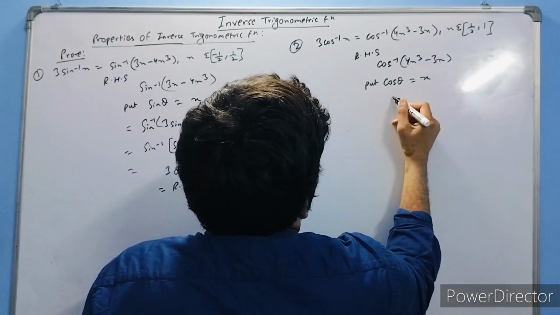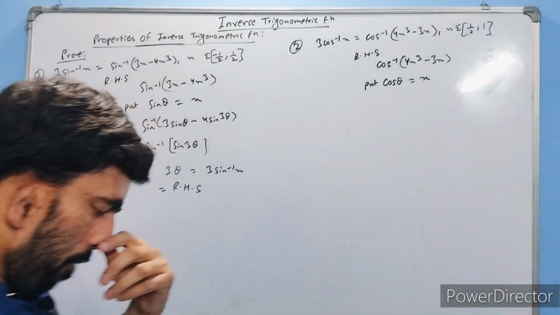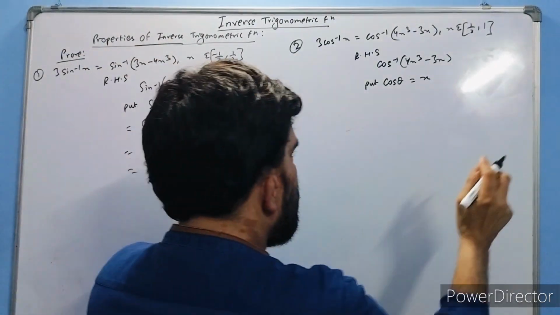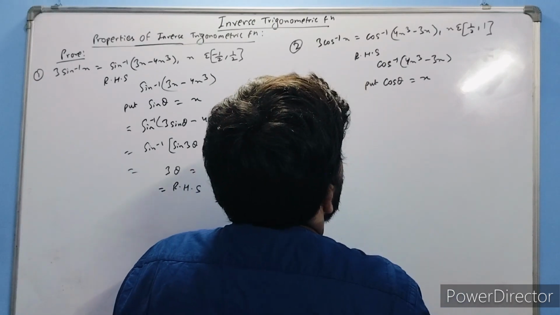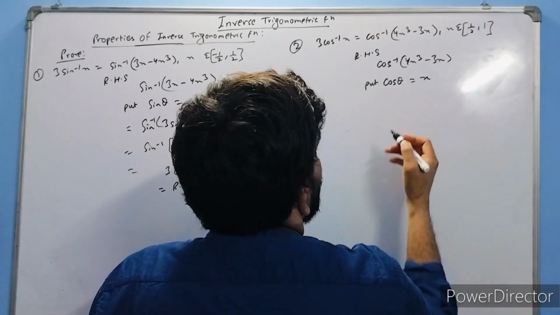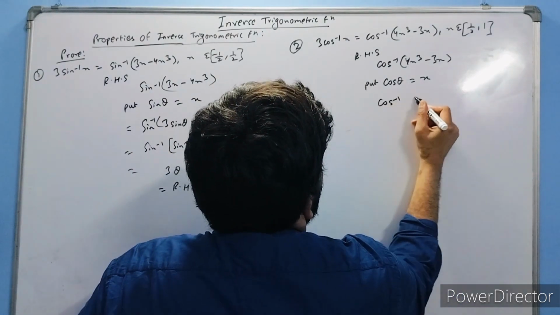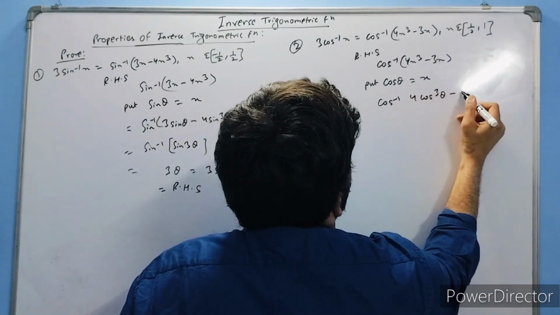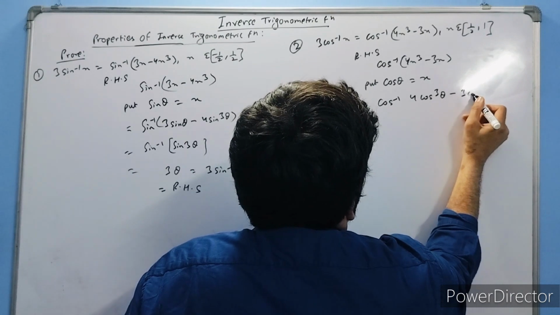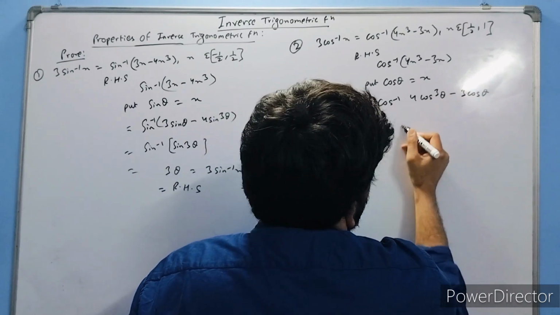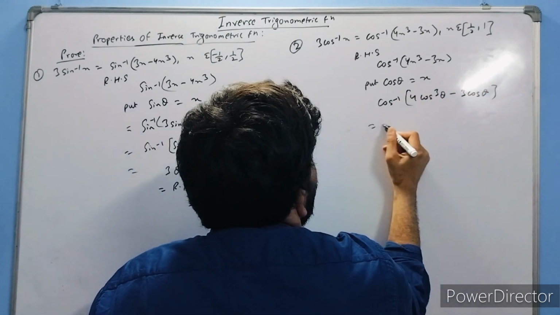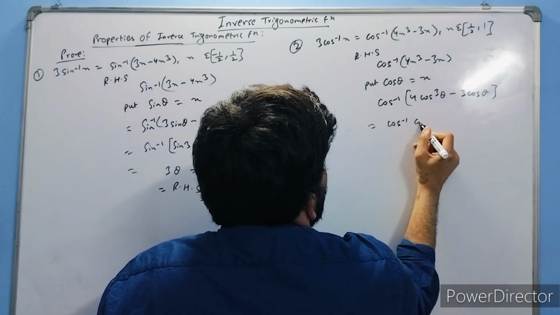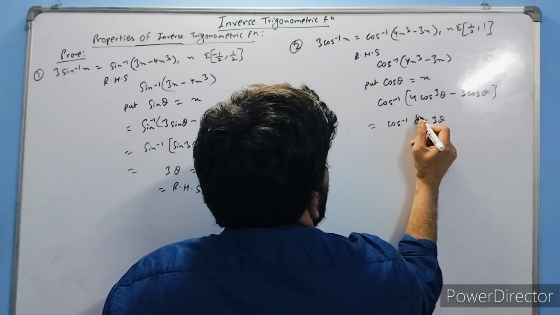Now what will we do? Let us see what we can do in a very easy way. If I put cos theta is equal to x, I get 4 cos cube theta minus 3 cos theta. So here I can write cos inverse cos 3 theta.